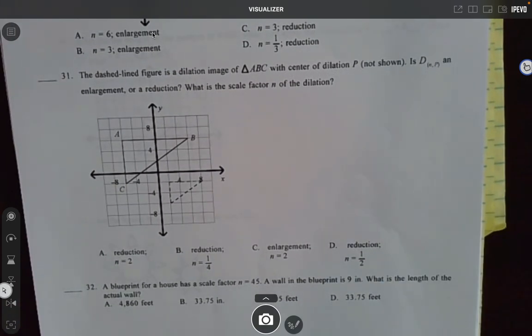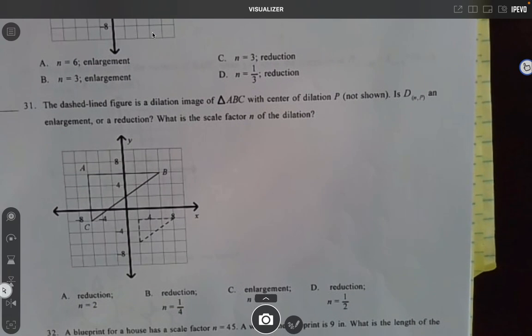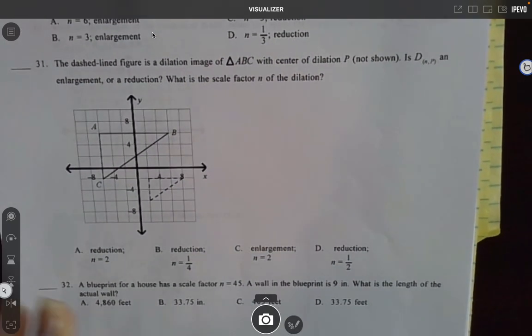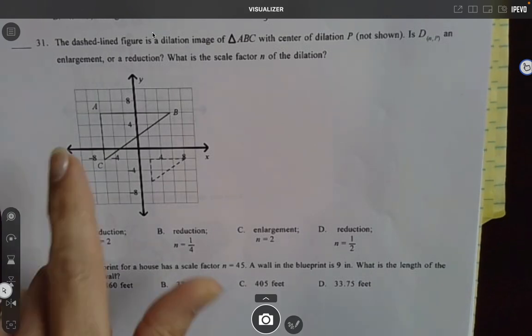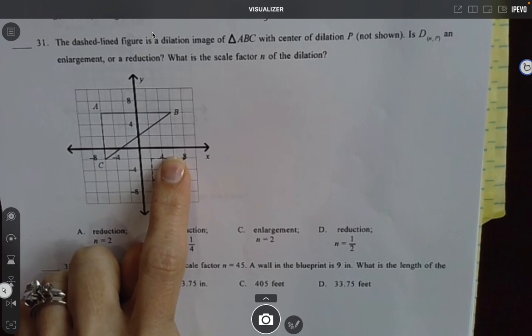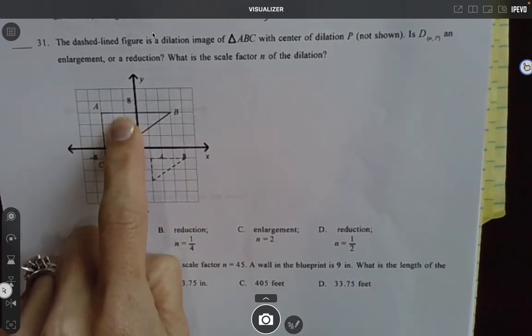31 says you're going from the solid figure to the dashed figure, and it says, is it an enlargement or a reduction, first of all? Reduction. So you have eliminated, you know it's not C, all right? And then it needs to know what scale factor. So you're going from this one to this one. How many spaces?